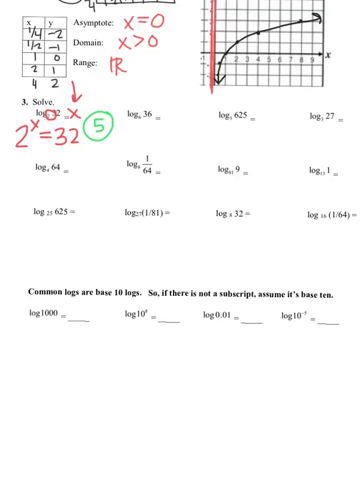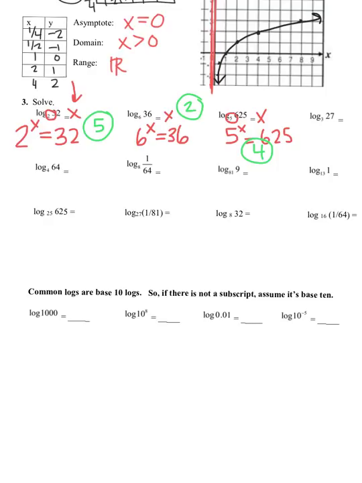Okay, second one, put an x right here. 6 to the x equals 36. What does x have to be? 2, because 6 squared is 36. Third, 5 to the x equals 625. 5 to the 4th equals 625.